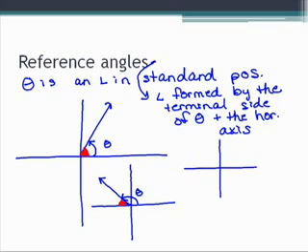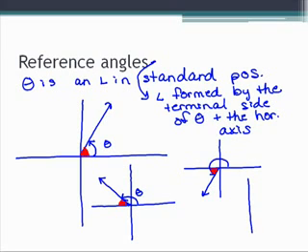In the third quadrant, I want an angle in standard position, but I want the terminal side to end up in the third quadrant. That terminal side is right here, and I want the angle formed with the horizontal axis. So it's right there.